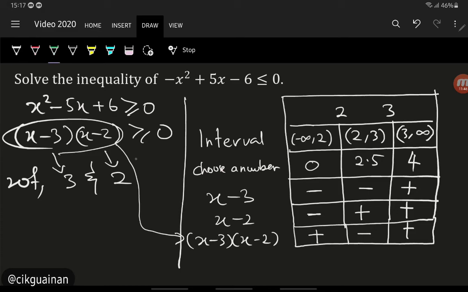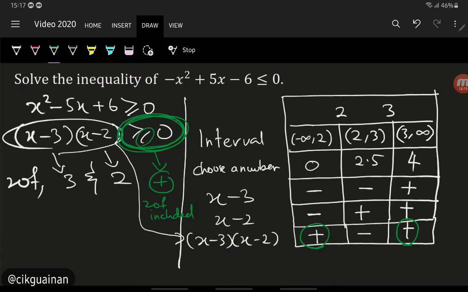Now the next step is for us to look at the factorized inequality over here. We want greater than or equal to 0, so it means we want positive. Since there is an equal sign here, the ZOF is included. So where is the positive? This one is positive, and this one is positive.